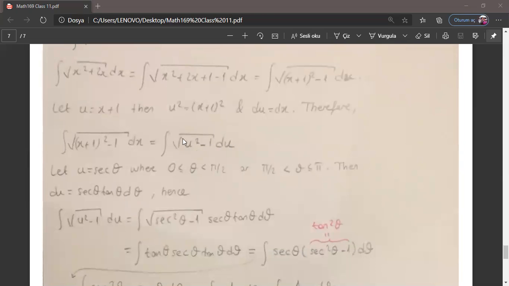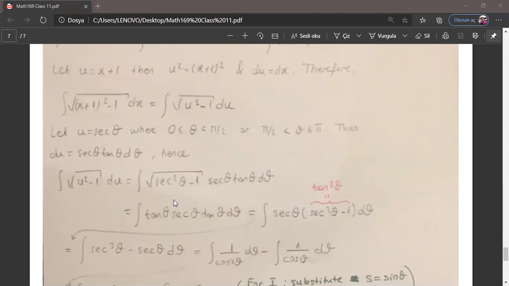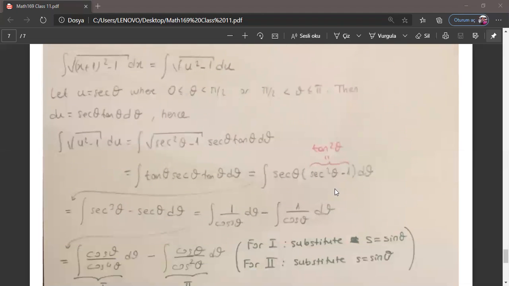So let's rewrite this. u squared is equal to secant squared, and u squared minus 1 gives us tangent squared theta, du is equal to this whole thing, and we wrote that. The rest is the same. We have tangent squared times secant, which can be written in this form. So we have this integral.